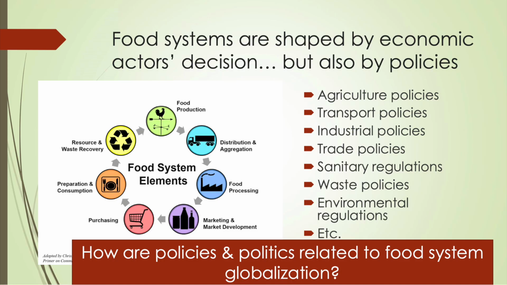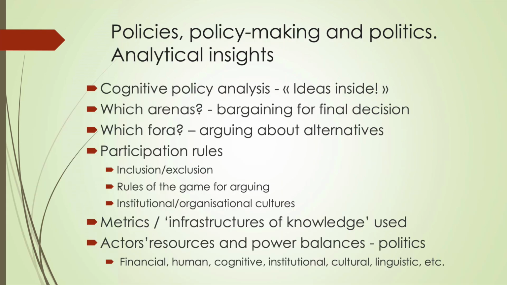All kinds of policies can be connected to the food system. And the question that we raise is, when you have policies, you also have politics: how are they connected, and how do they explain and shape this globalization of the food system? Just very quickly, to give you an idea of the type of glasses I put on my eyes as a political scientist when I look at the food system, I will give you some analytical insights.